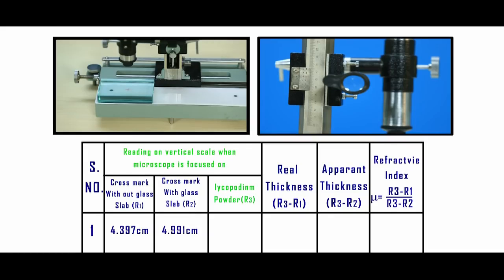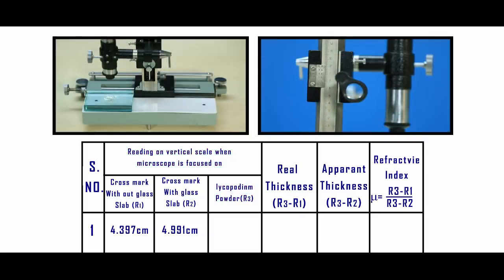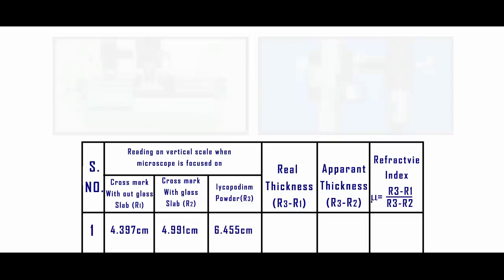Reading on the vertical scale when the microscope is focused on the lycopodium powder, R3, is 6.45 plus 5 into 0.001, that is equal to 6.455 centimeters.